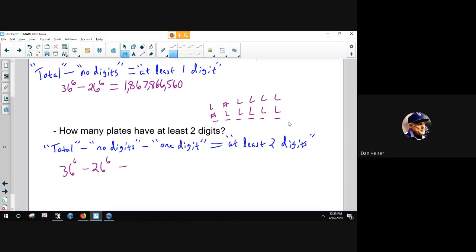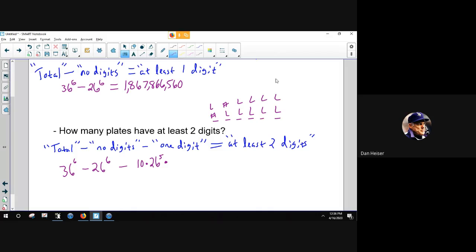I have 10 digits to choose from. I have 26 letters to choose from, and I will do that 5 times. And now I have to move that digit around, because if I just do this, I'm saying that's in the first spot. Well, now maybe it's in the second spot. Maybe it's in the third spot. Maybe it's only in the fourth spot, and so on.